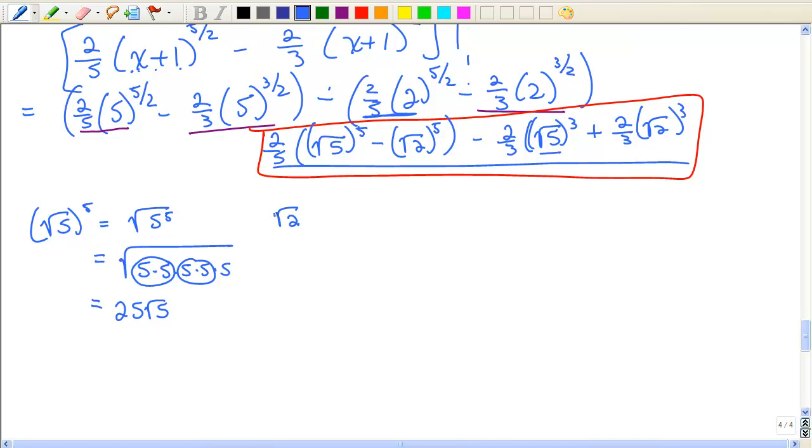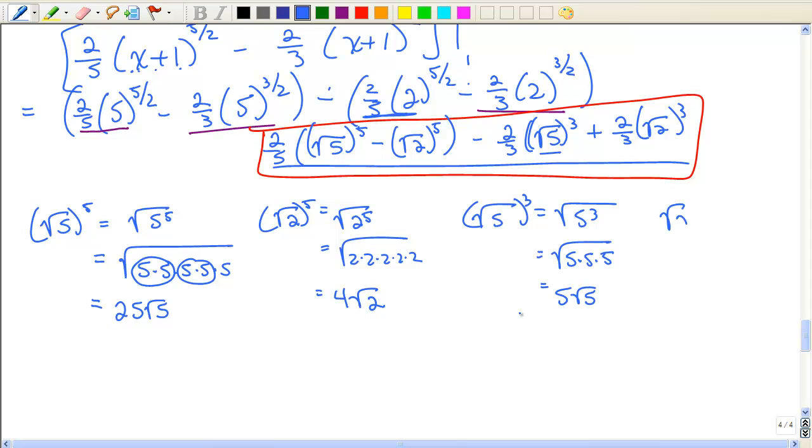If we have the square root of 2 to the 5th power, we're going to do the same thing. I can take out a 4 and leave a 2. Then I have the square root of 5 cubed and the square root of 2 cubed. It's probably been a long time since you've done something like this, but hopefully it's coming back.